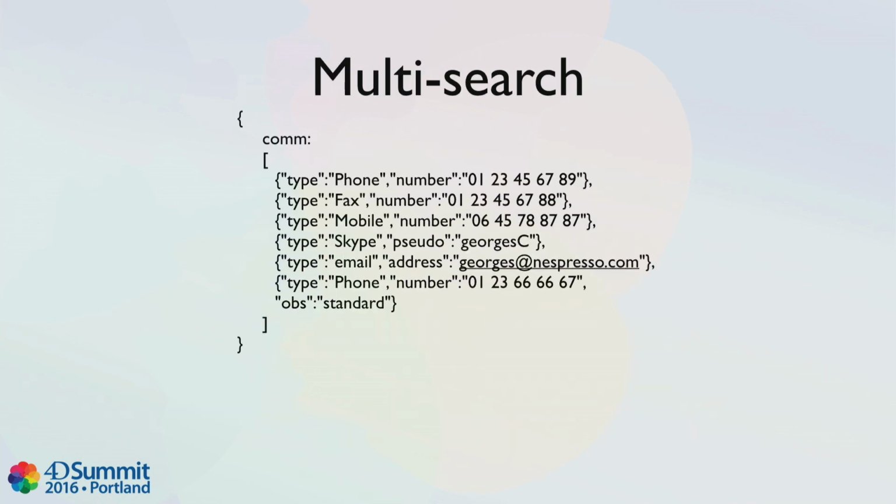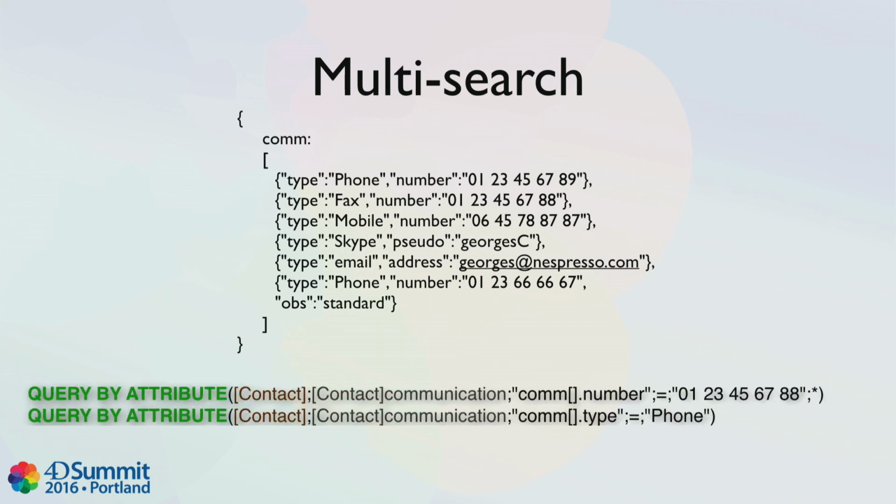That's easy for a simple search, but a multiple search is more complex. In fact, if with a star you link two query by attribute, you have this search.